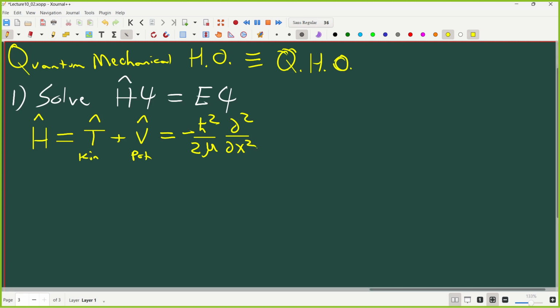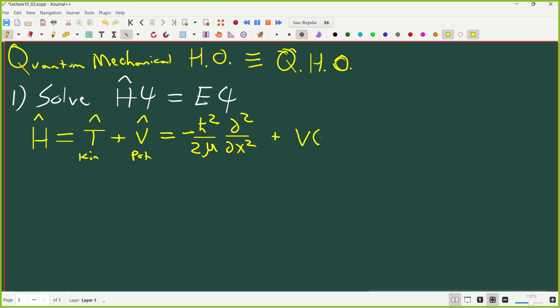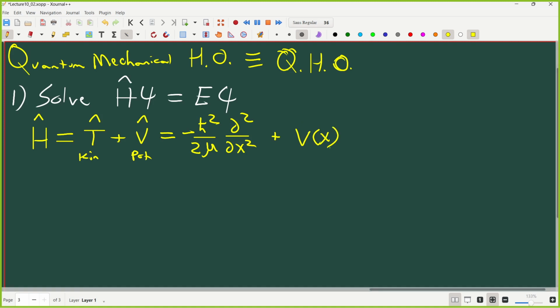Here I'm using x as our bond length. We'll talk a little bit about that in a second. And then we have a potential energy, which is a function of the bond length. But we know what this potential is. We calculated it for the harmonic oscillator.